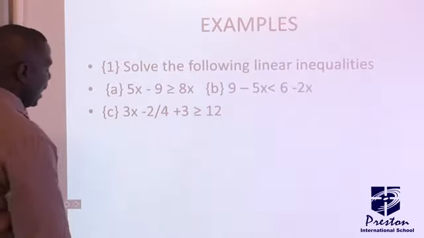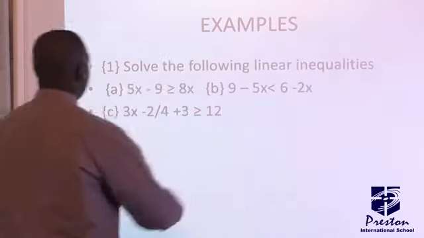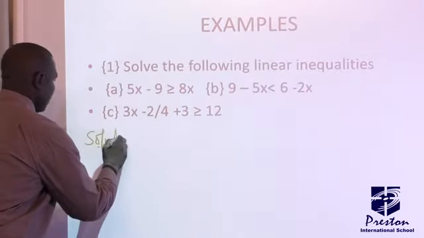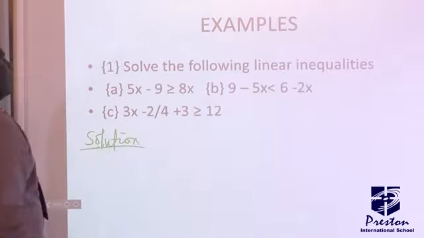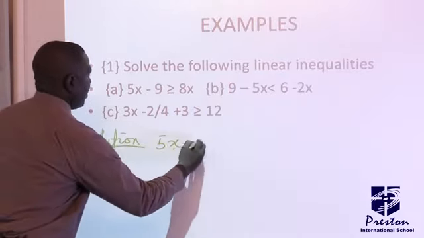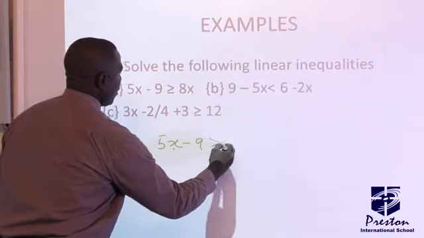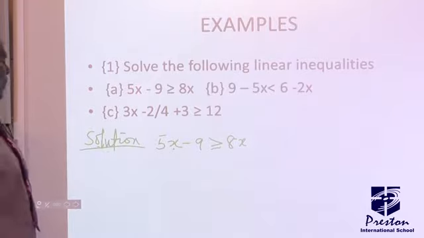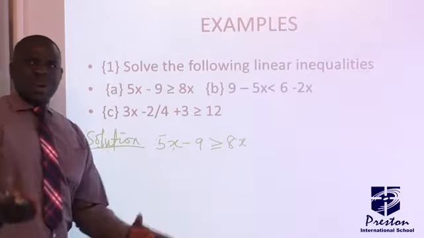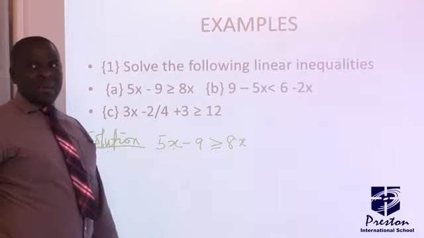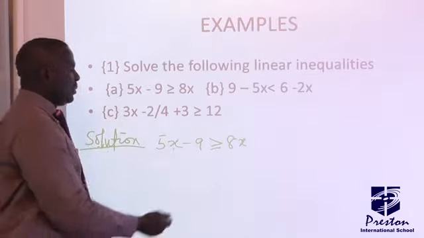Now let's solve the following examples. Now I have 5x minus 9 is greater than or equal to 8x. Then I need to find x. Just the same way you solve your linear equation, you collect like terms, rearrange this equation.